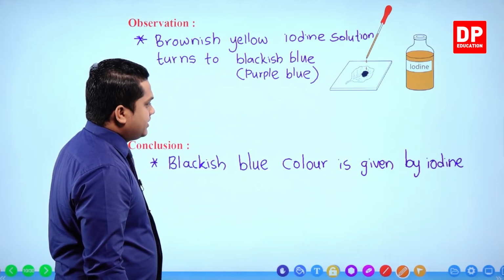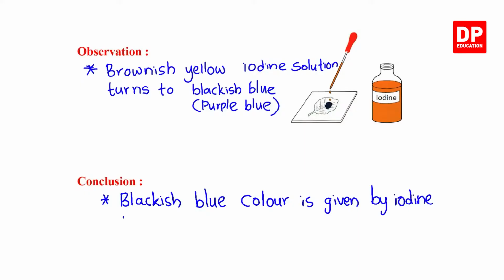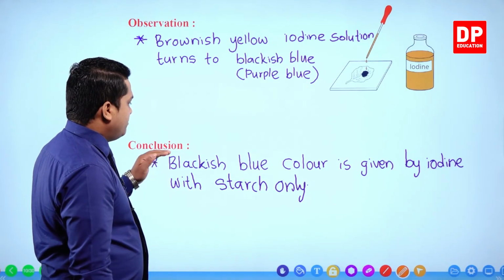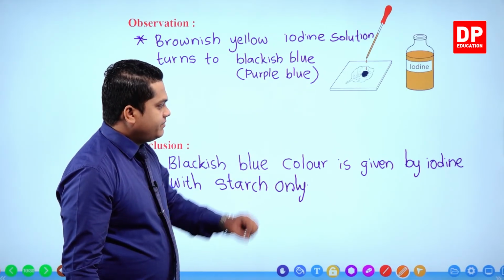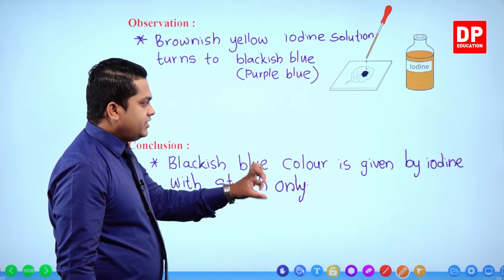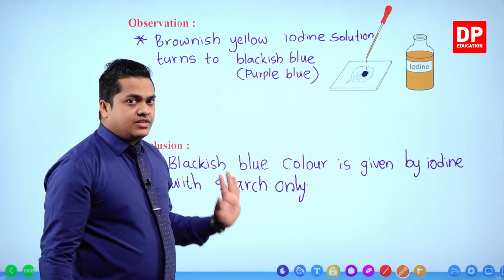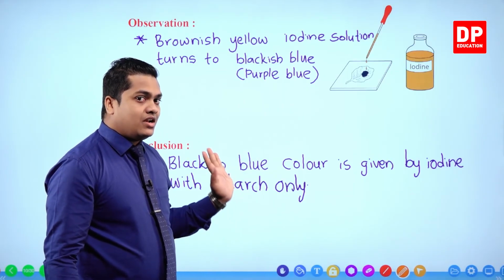Blackish blue color is given by iodine with starch only. With starch only. So blackish blue color is given by iodine, right? Blackish blue color is given by iodine with the starch only. Only with the starch, this blackish blue color is given.